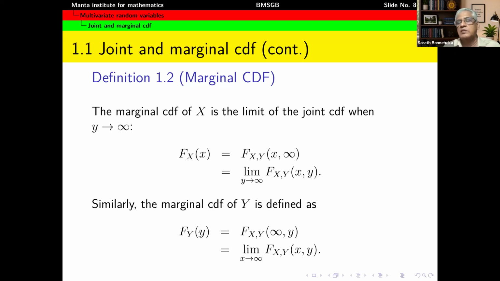Doesn't matter what the value of x is. So therefore, it can be obtained by F_XY evaluated at infinity, y. So this is the same as the probability that capital X is less than or equal to infinity, but capital Y is less than or equal to little y, right? So x can be anything. So that is the meaning of that.